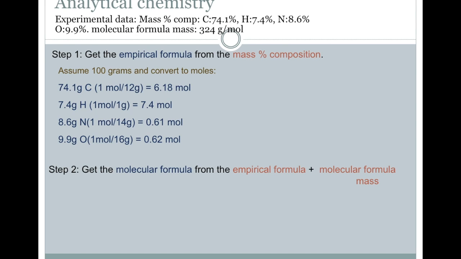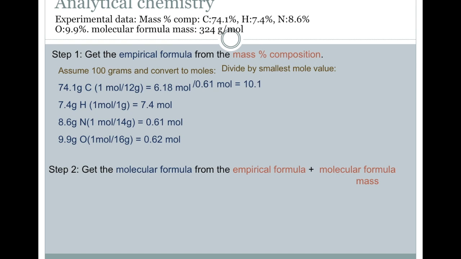The moles we end up with when we do this for each atom in this compound are shown at the right. So it's 6.18, 7.4, 0.61, and 0.62. Now we're going to divide by the smallest mole value, which is going to be 0.61.